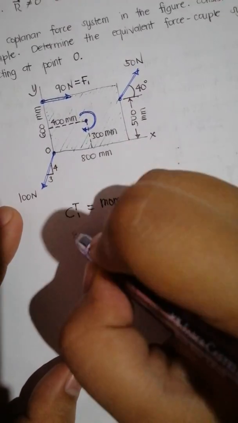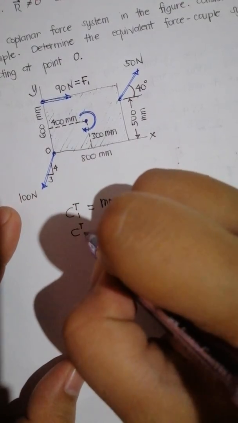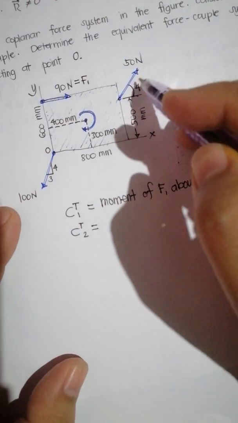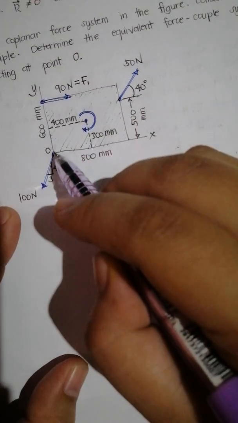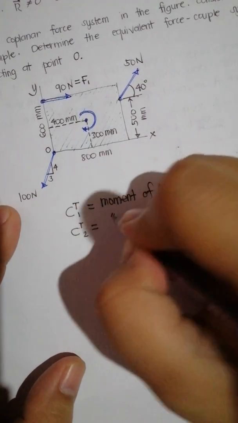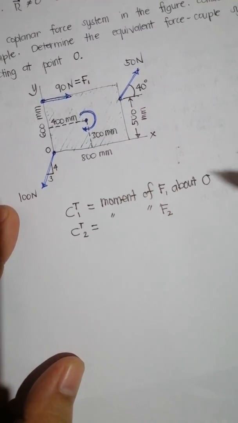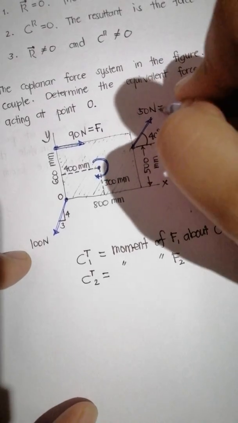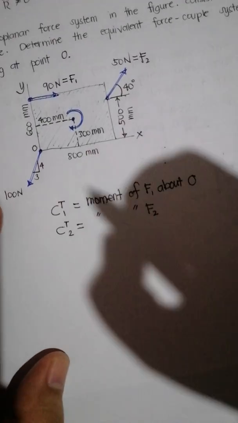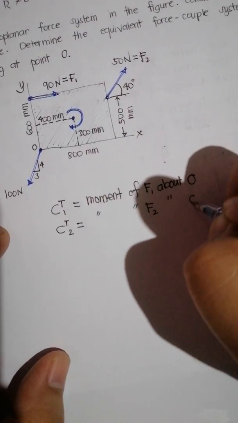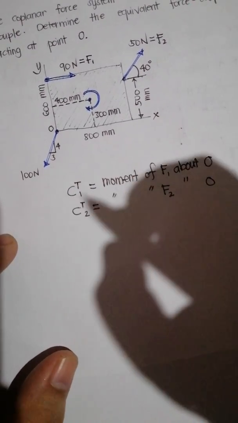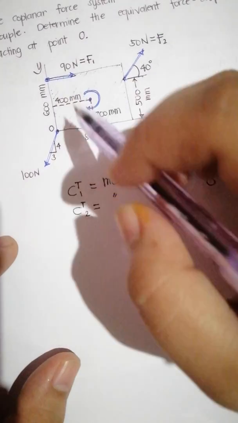Same with the couple of transfer when we transfer the 50 Newton load to point O. That is the moment of force, let's say this is the second force vector, F2, about point O. So there are two couples of transfer.